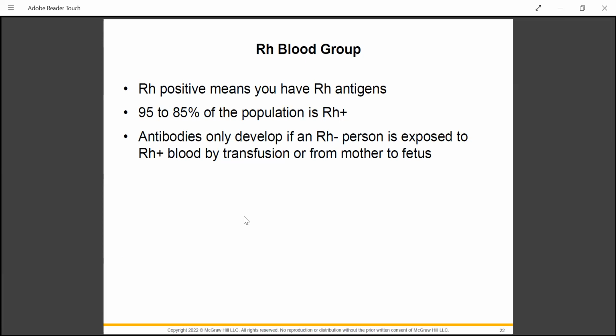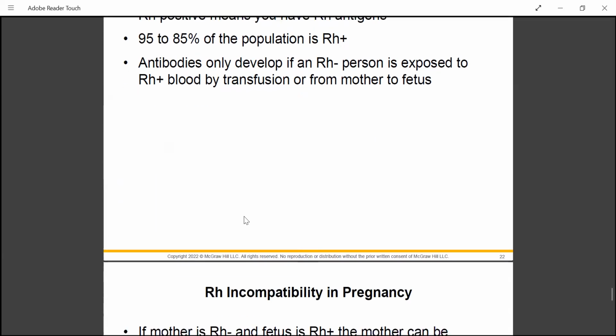So 85 to 95% of the population is RH positive. This is very common. The only time it's problematic is when an RH negative person is exposed to RH positive blood. This can happen two different ways. It can be introduced via a transfusion, or it can occur when mom and baby are two different RH groups.